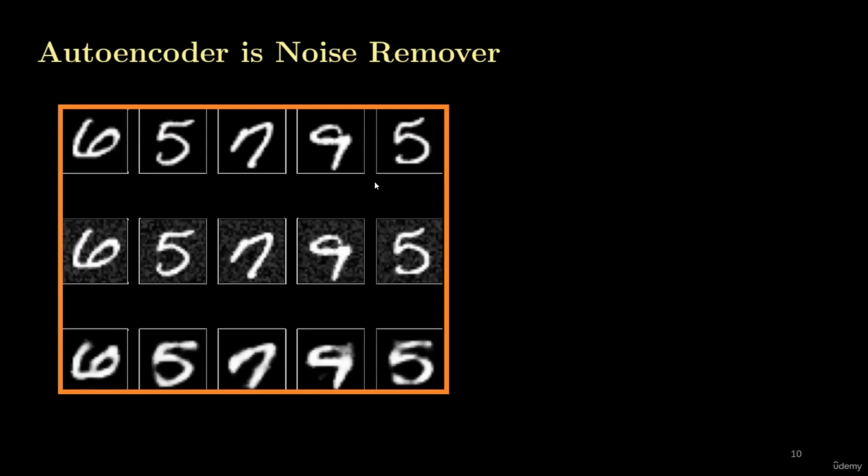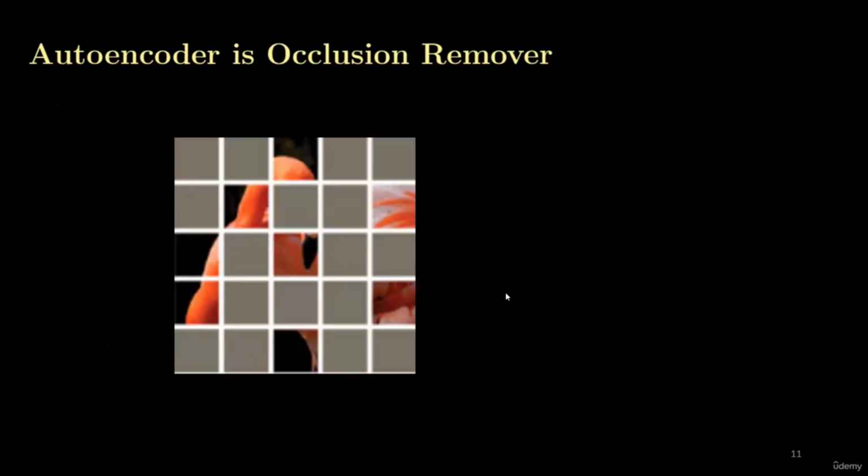Similarly, all the input images and all the output images are recognizable. The output images are not 100% equal to the input images, but they are very close to the input images and they are recognizable.